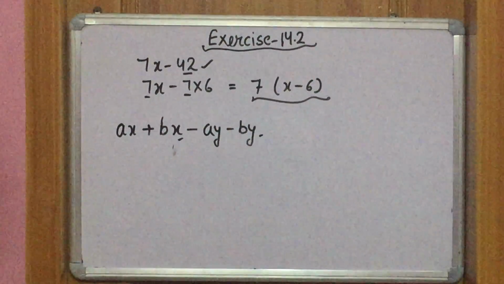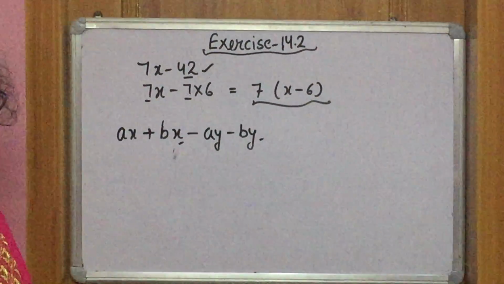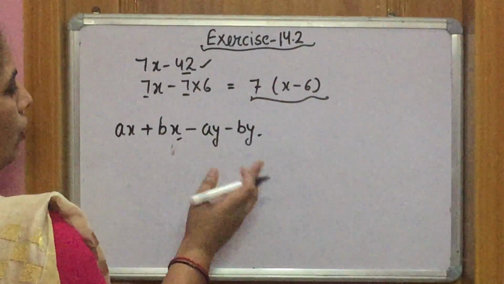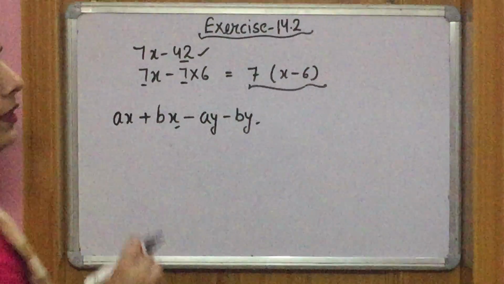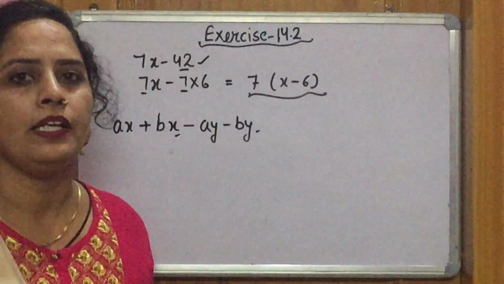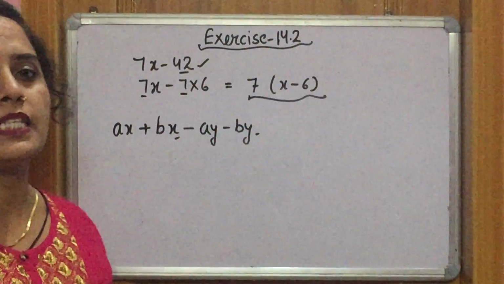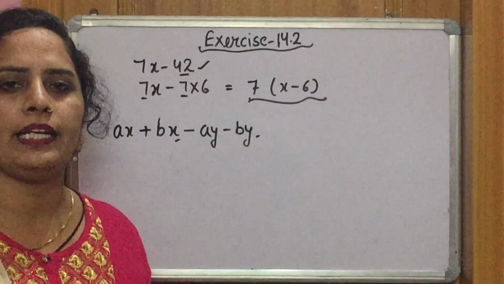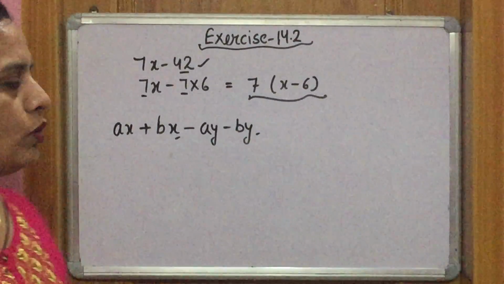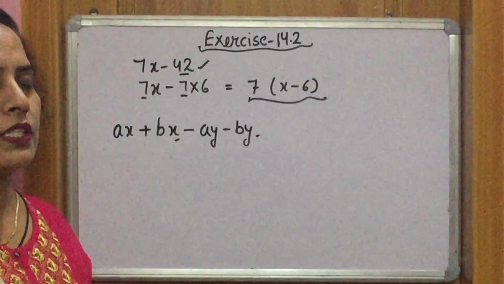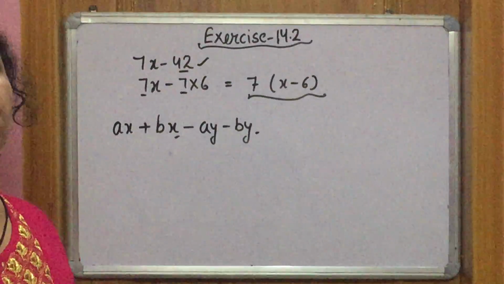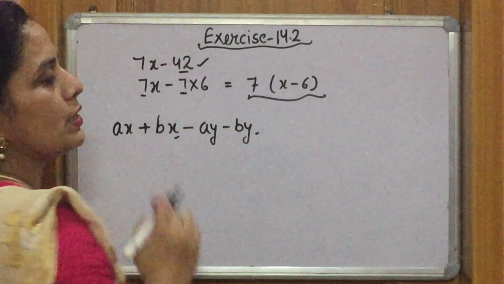Similarly, if we try to take y as a common, y is not in the first term and the second term. So in all of the terms there is not a single term which we can take as common. So this algebraic expression can't be changed into factor form by using this method.